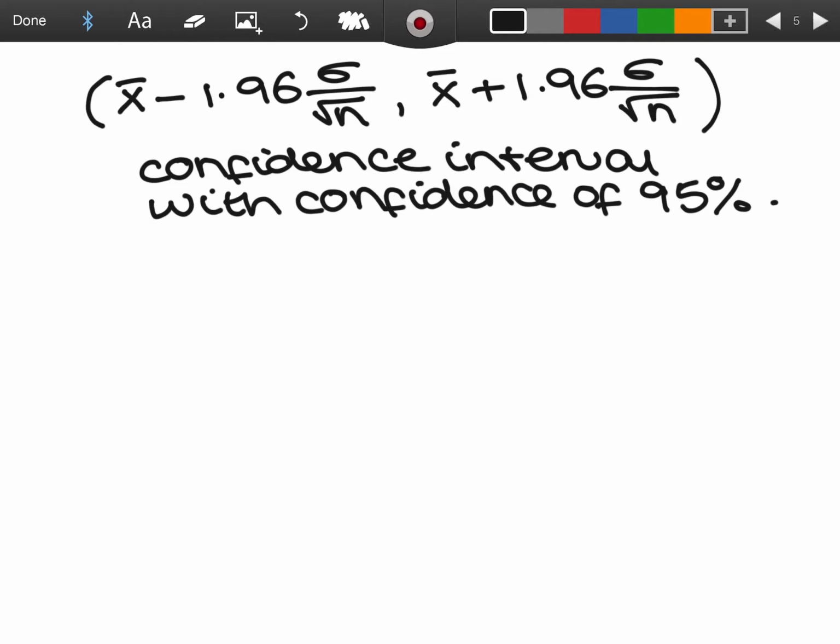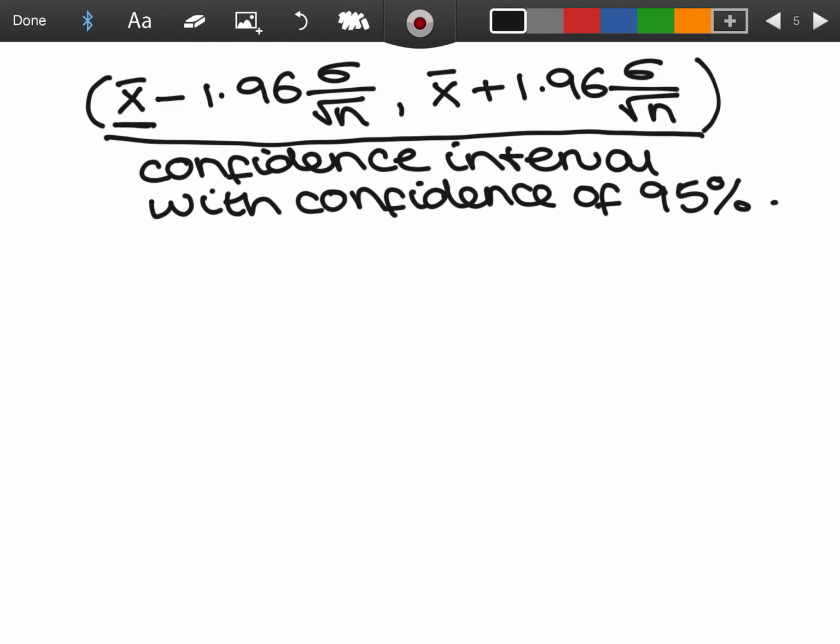Okay, what that basically means is that 95% of my samples should give me a sample mean where this interval will contain my population mean. We can have as many samples as we want within our population, but 95% of the samples that I have should give me a sample mean such that my population mean will lie in this interval.